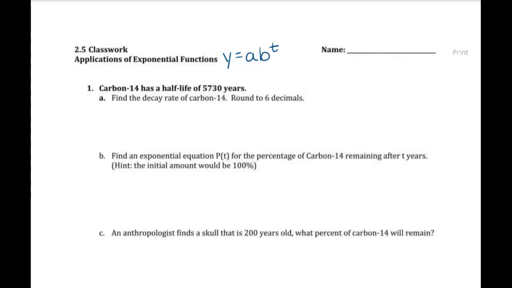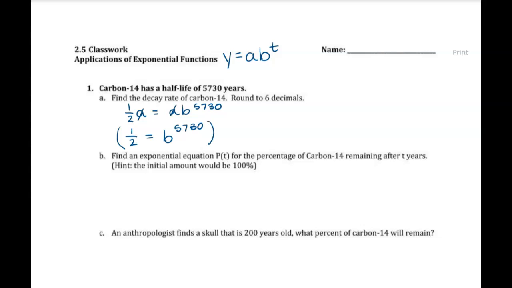So to do this, we basically are looking for when we have 1/2 a equals a b to the 5,730, because it takes 5,730 years for a to turn into half of itself. And this is where our a's cancel, because you divide both sides by a, so we end up with 1/2 equals b to the power of 5730.